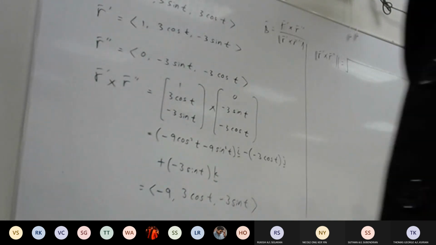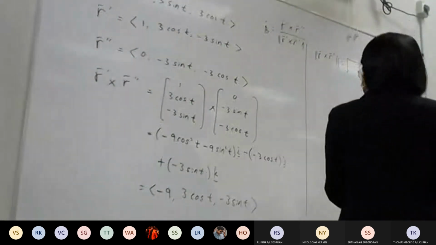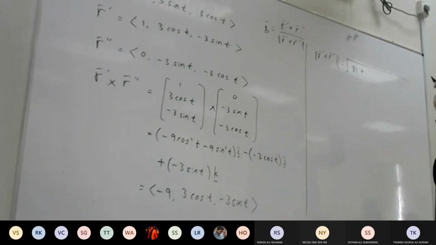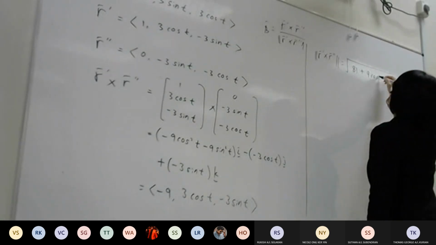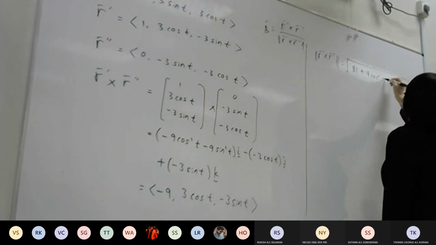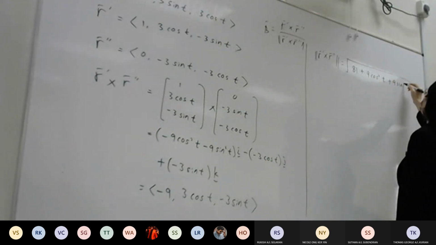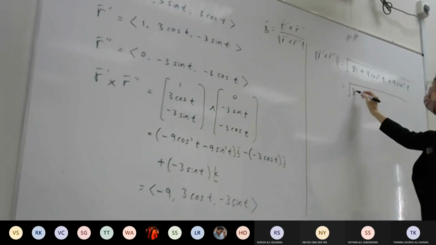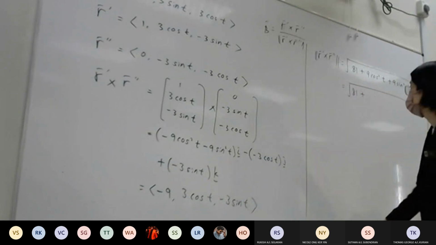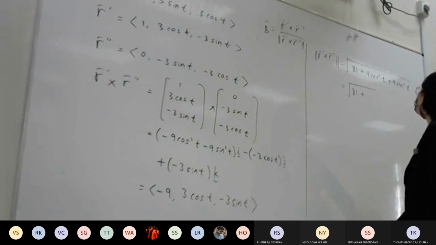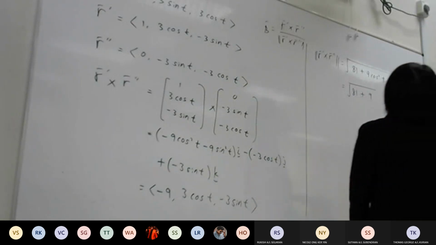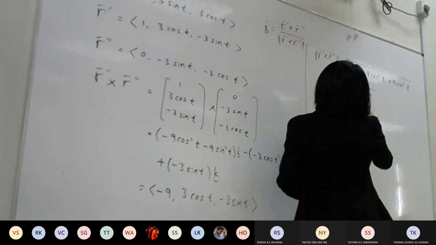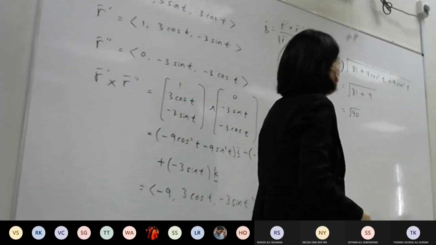Okay, the magnitude of this first product is just square every single component function. From here you get 90, so 90 is actually 3 times 10.